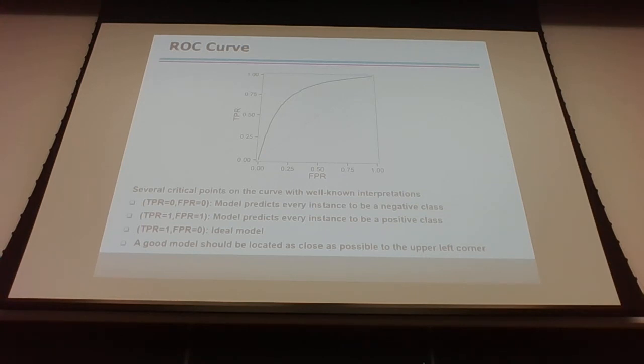If I have that diagonal line, what does that mean? True positive is 50%, false positive is 50%. It means there is no point in having that machine. That machine is 50% right. So just toss a coin.